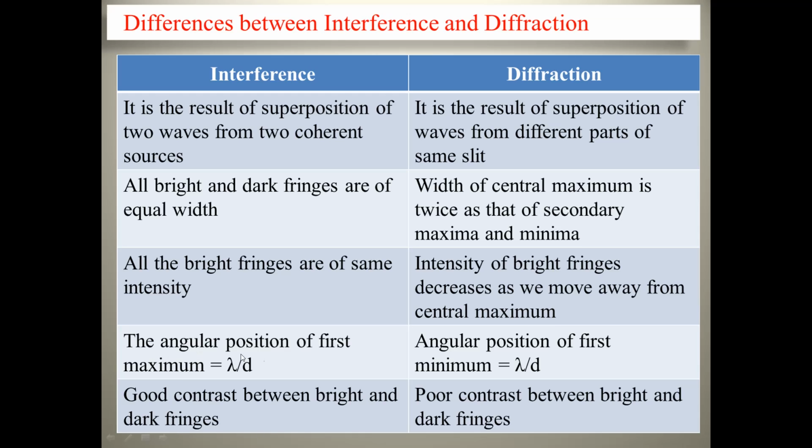In interference, the angular position of the first maximum is λ/d, but in diffraction, it is the angular position of the first minimum. In interference, there is a good contrast between bright and dark fringes because all the bright fringes are of the same intensity. But in diffraction, there is poor contrast between bright and dark fringes.